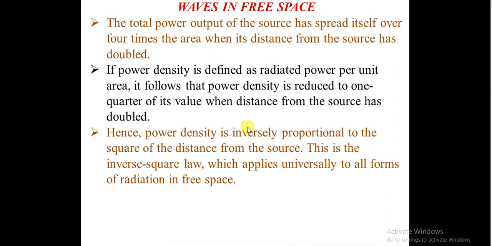Hence, power density is inversely proportional to the square of the distance from the source. This is called the inverse square law, which applies universally to all forms of radiation in free space.